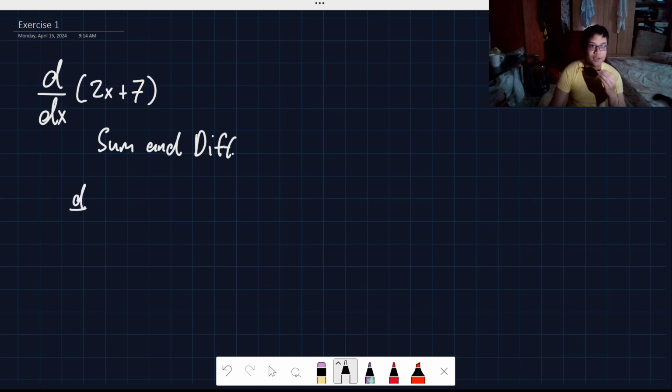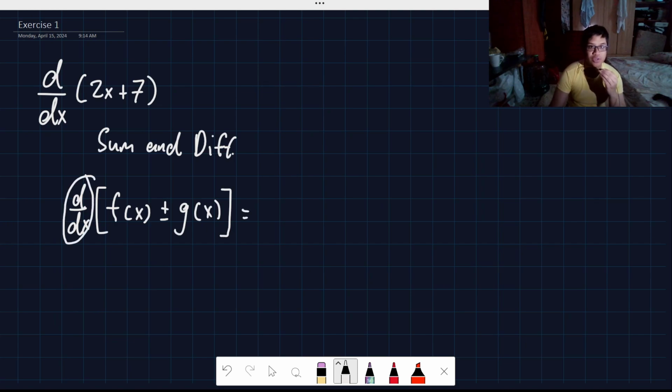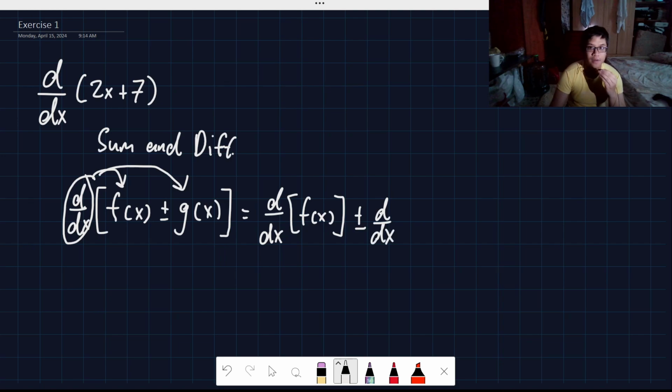Basically, if you have at least two functions separated by an addition or subtraction operation, just like this, the derivative of f of x plus or minus g of x, what we're going to do is distribute this operator to each of the given functions. So the result will be the derivative of f of x plus or minus the derivative of g of x.